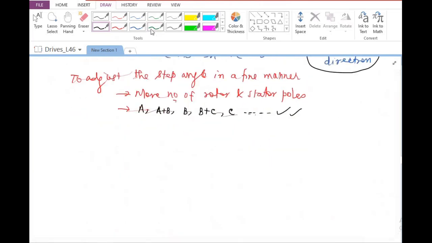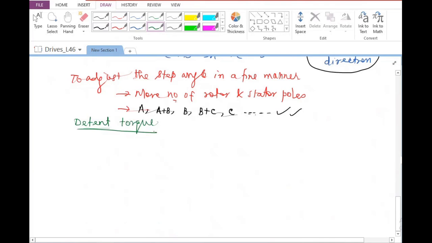One point that we need to mention about the variable reluctance stepper motor is you won't have any control over at what point the rotor stops if the power supply suddenly goes away. If there is a power cut, you will not have any torque to detain the rotor in a particular position. So there is no detent torque.